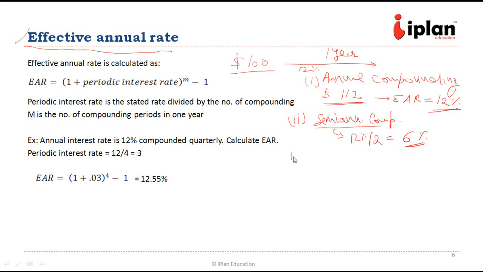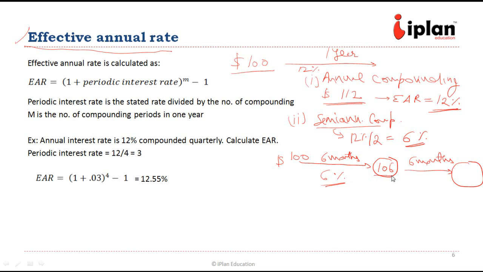Compounding indicates we have invested $100 for 6 months and withdrawn the amount, reinvested it again for another 6 months. So what should be the value? At 6% interest rate, this amount will be 106.